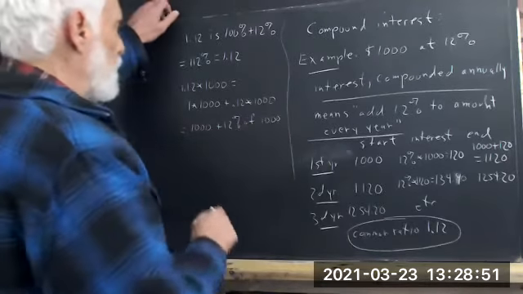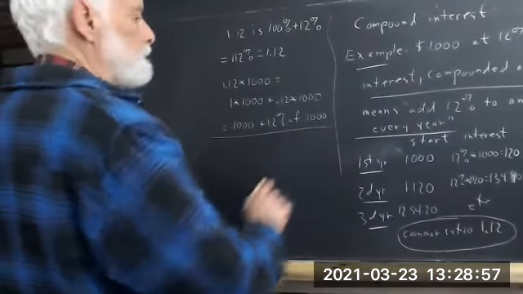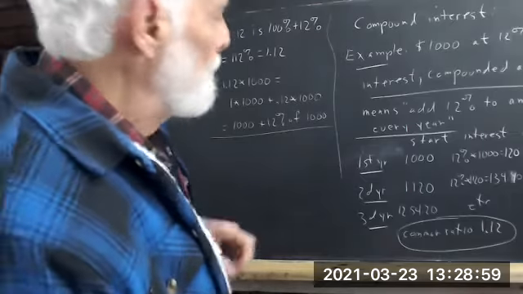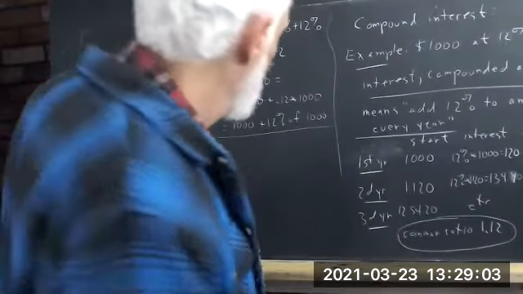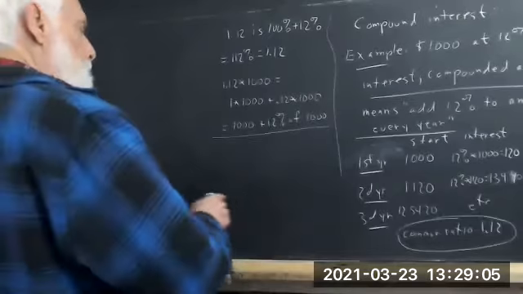Which of course is 1,000 plus 12% of 1,000. Meaning that we could get this same table this way.